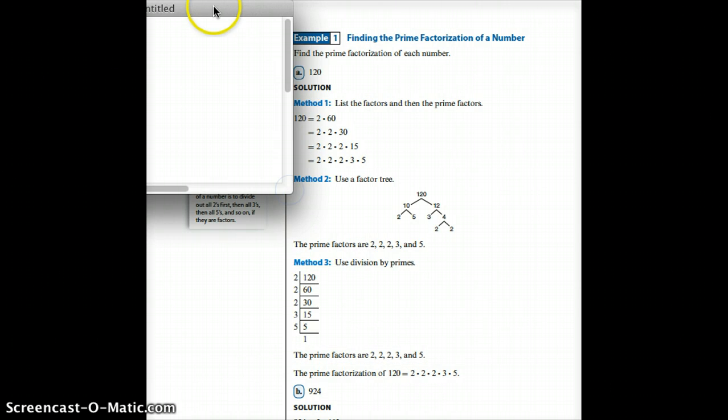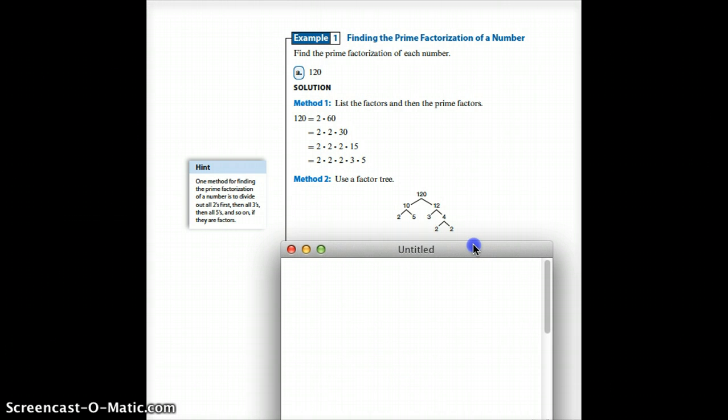What I will demonstrate is that there's more than one way to break this down. The important thing is to end up with the same end result. So, for example, here's 120, and we're going to break down 120, but we're not going to start at 10 times 12.